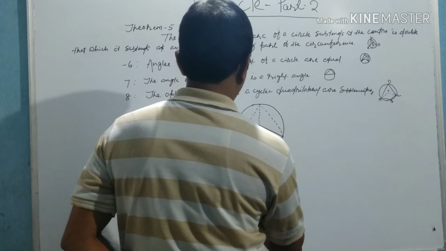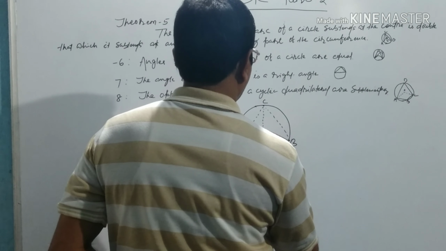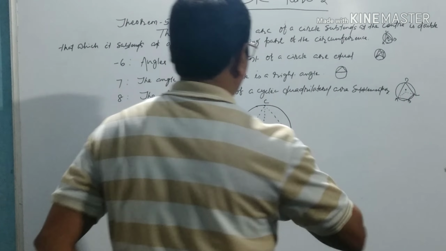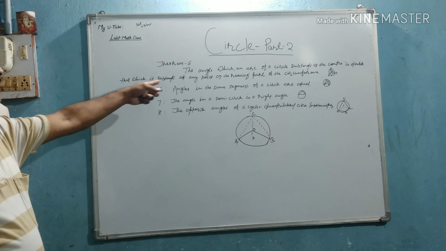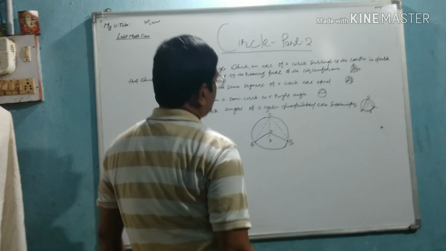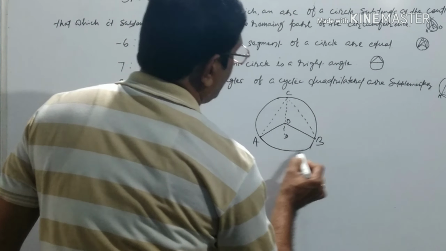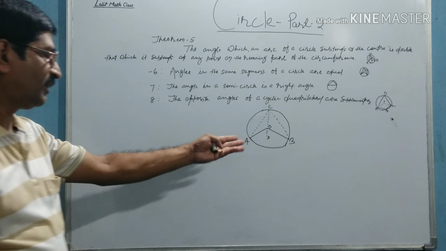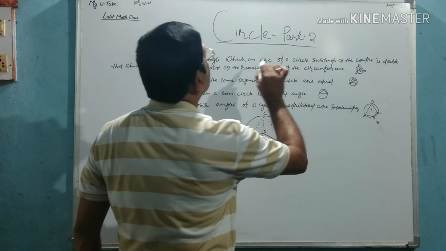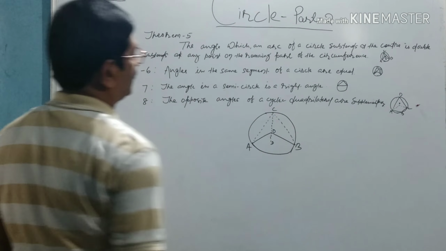Let the points be A, B, C, and this point is D, and the center is O. So the theorem says the angle which an arc... First of all, you see this: AB is an arc. It is part of a circumference. And the angle that the arc subtends at the center, this is the center.